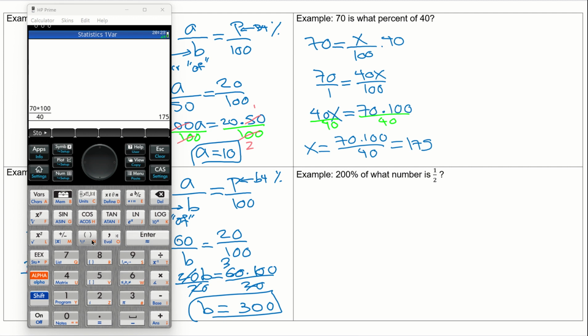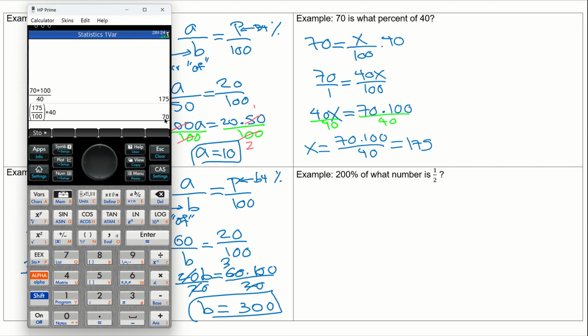Just take 175%, so divide by 100, and multiply that by 40, and we should get 70, which of course we do, okay? So just a nice quick check.